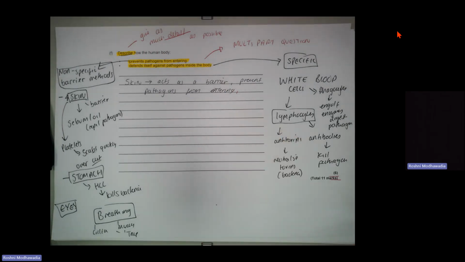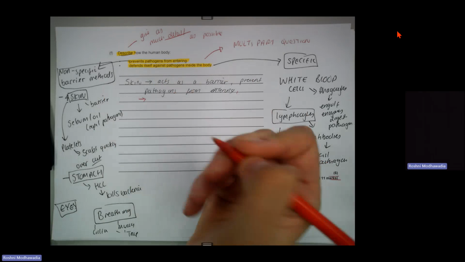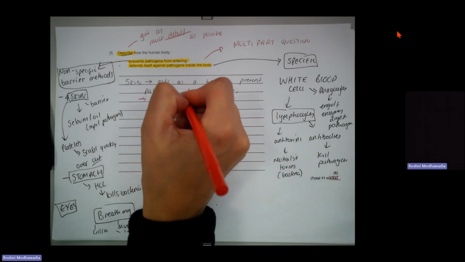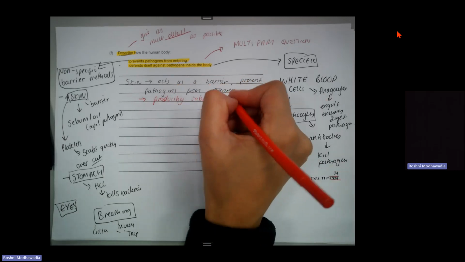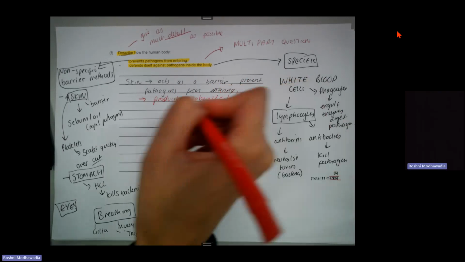So we've talked about the skin being a barrier and preventing these pathogens, but the skin also is able to do this job by producing sebum. So our skin has sebaceous glands which produce these oils, and this repels the pathogen.